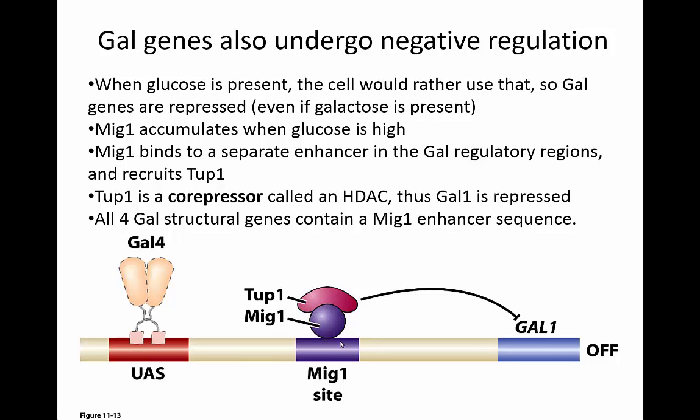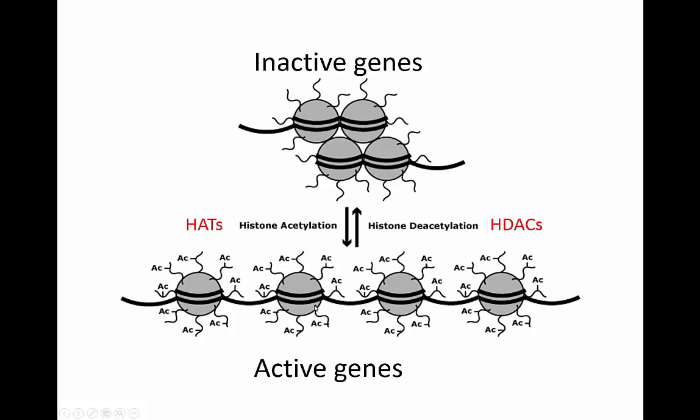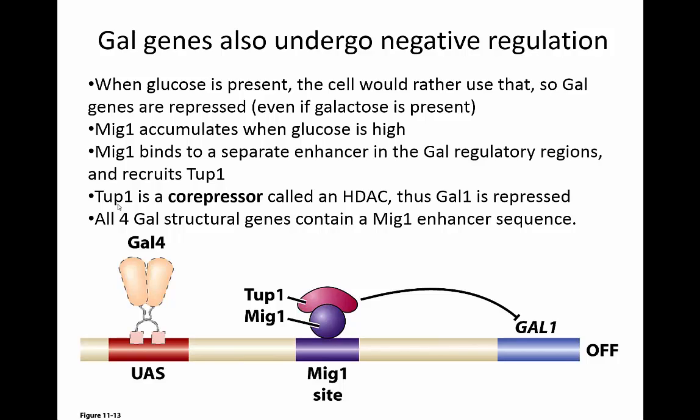The reason is that Tup1 is actually a histone deacetylase, and if you recall, HDACs remove the acetyl groups from nucleosomes in the region and make that gene region less accessible. So all four of the Gal structural genes contain this Mig1 enhancer sequence, and if Tup1 is recruited to this region, it's going to act dominantly over the transactivation function of the Gal4 protein.